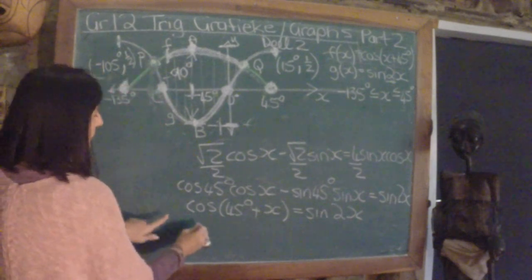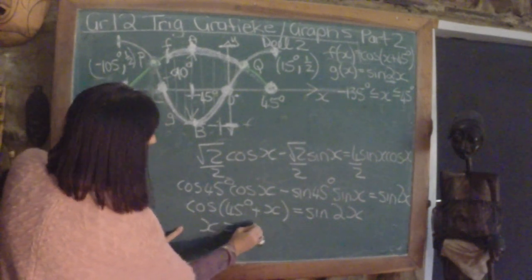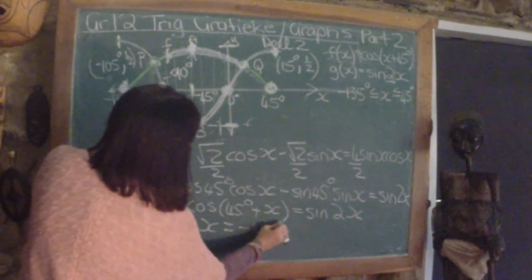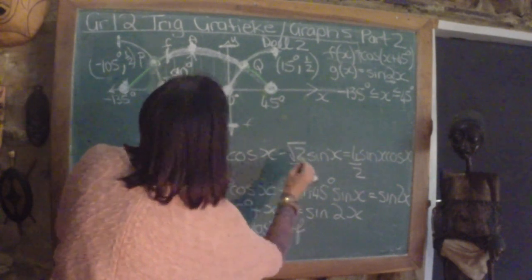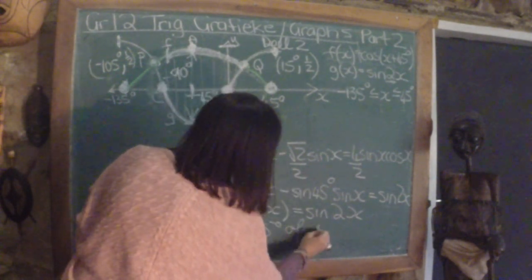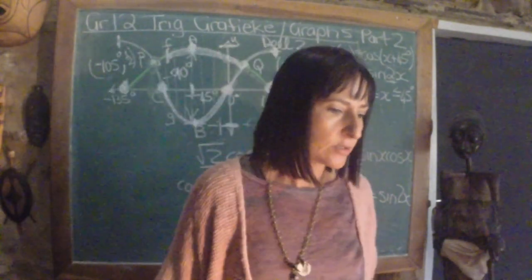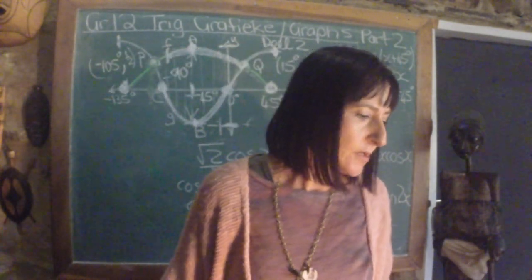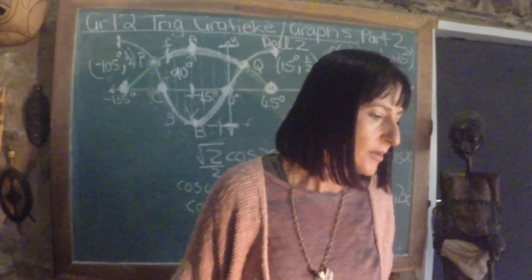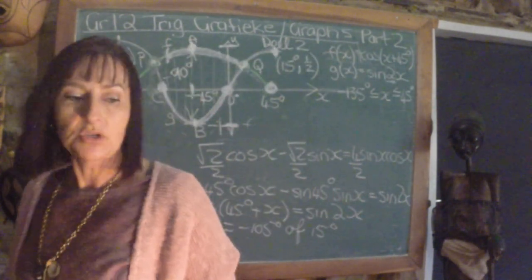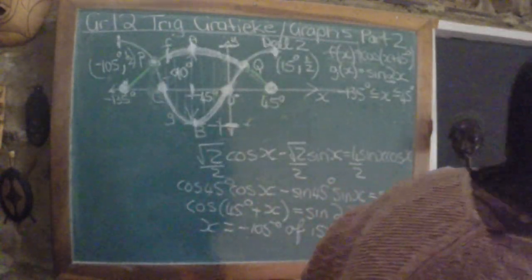Ons het dit klaar uitgewerk, waar x gelyk is aan minus 105 grade, of waar x gelyk is aan 15 grade. So now I can refer back to my graph, and I can give the answers out of my graph.